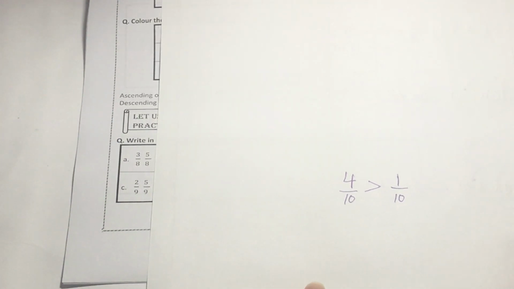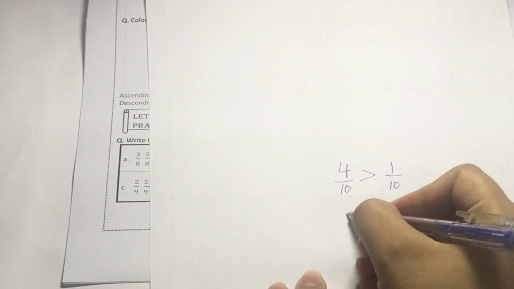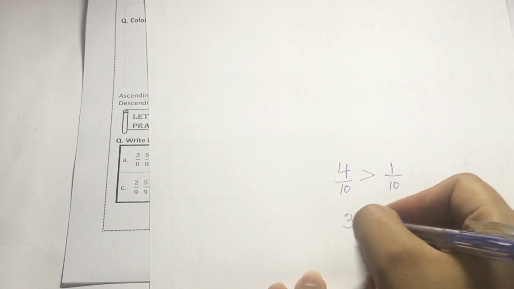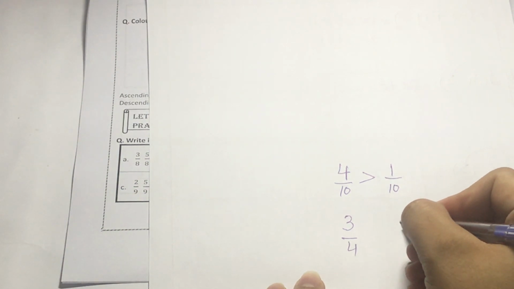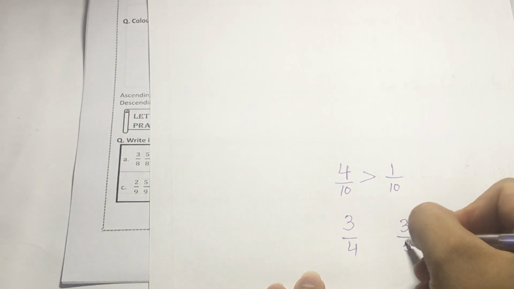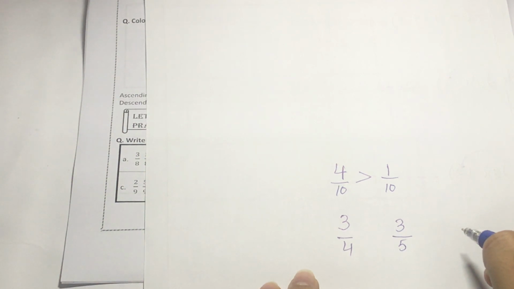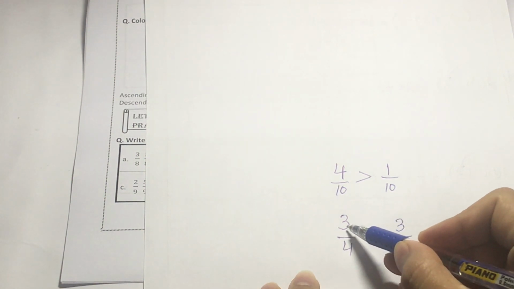value of the fraction. For example, if you have 3 over 4 and 3 over 5, in these two fractions you can see we have same numerators.